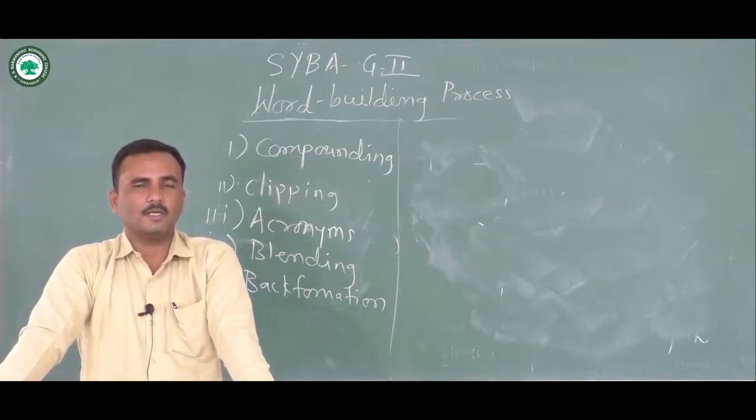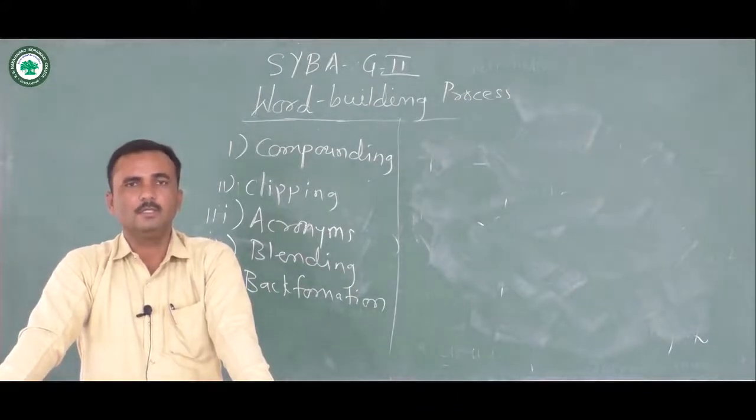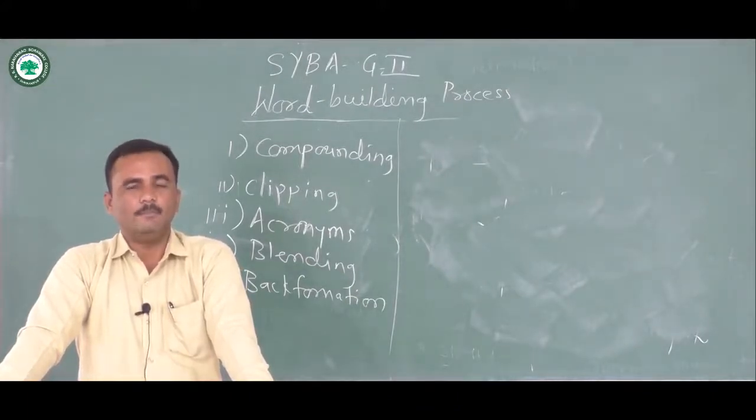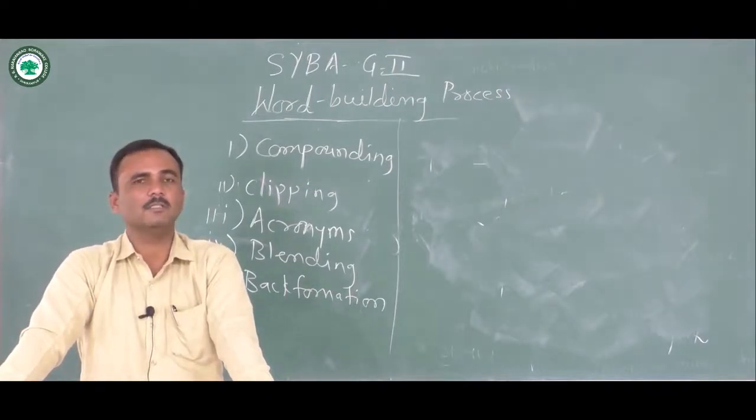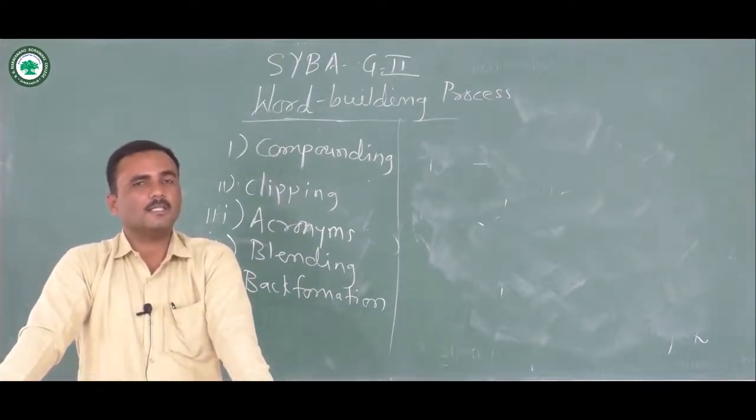Instead of mentioning, writing or uttering the entire group of words, just the first sound or letter is mentioned, the rest of the words are not uttered or written, and they are considered a complete word and a new word is formed. This process is called acronyms.